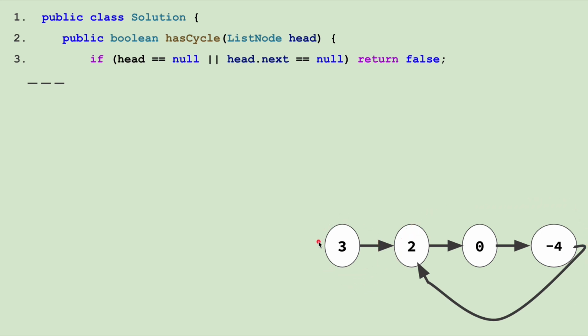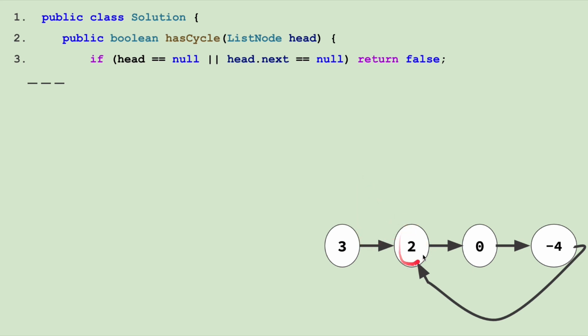So first we should check if the head or the next node is null. Either this or this, the head or the next node, is null.